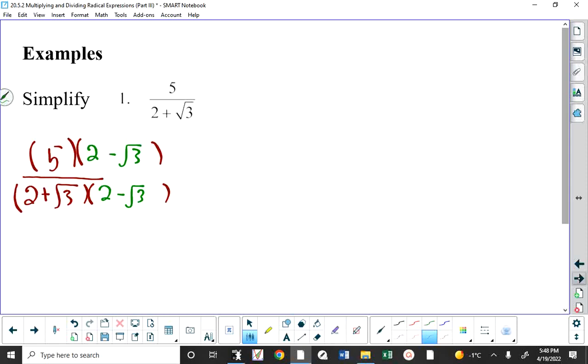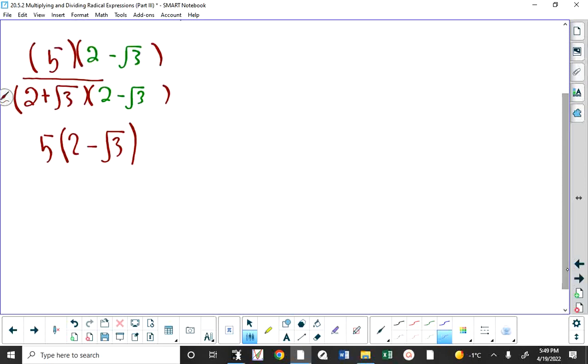So if the denominator is 2 plus root 3, the conjugate of 2 plus root 3 is 2 minus root 3. So what do we get on the top? We get 5 times 2 minus root 3. And I don't think there's really anything to be gained by us multiplying that 5 into the 2 minus root 3. On the bottom, we end up with 4 minus 3.